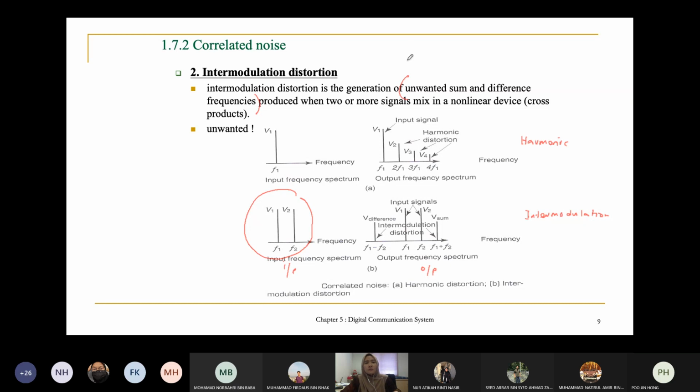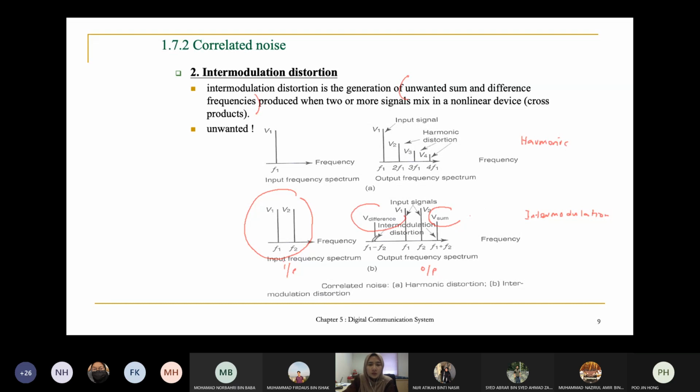Okay, so when you have two signals at the input, V1 and V2, you can see that at the output you will have a signal like this. Instead of only V1 and V2, now you have another two voltages, which are the V difference and the V sum.